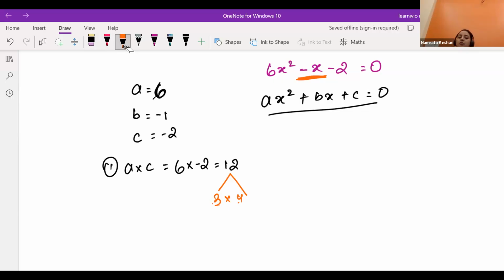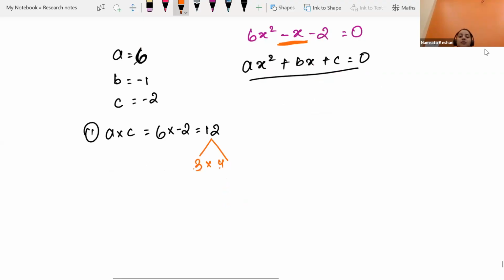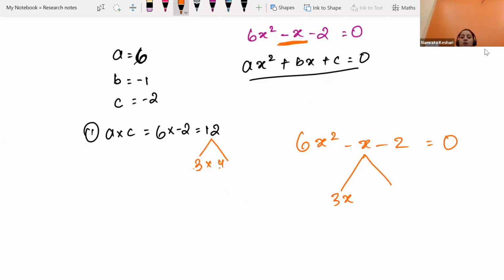Yes, both the numbers subtract. When we do the subtraction, 4 minus 3 or minus 4 plus 3, whatever, it will generate the middle term 1, right? So we realize that one of the numbers we can take as 4x, another number we can take as 3x. Our equation was 6x square minus x minus 2 is equal to 0, and we have to split the middle term by taking these two numbers.